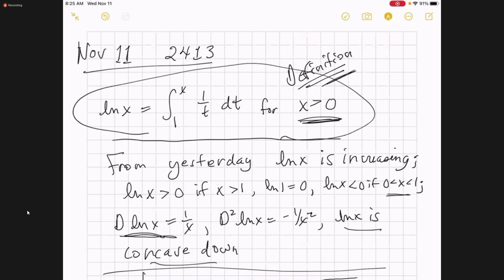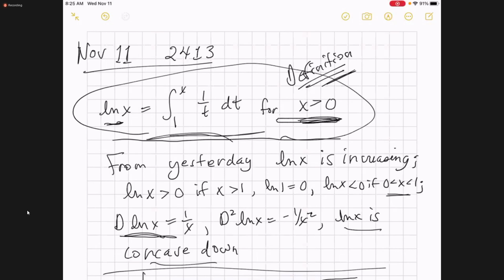My definition here is as long as x is a positive number, I'm going to define this function to be the definite integral. So ln of x is by definition the definite integral from 1 to x of 1 over t dt. I made it. I got to stick with it.